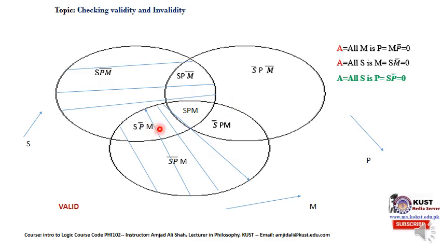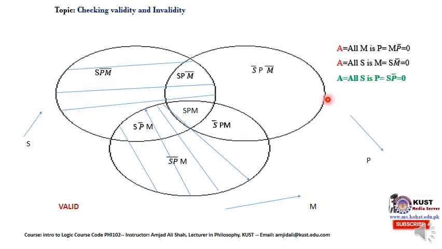Actually, those premises were like: all primates are mammals, all human beings are primates, therefore all human beings are mammals. Or any other syllogism of this form, that is actually AAA-1.